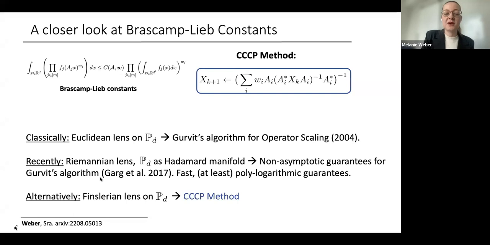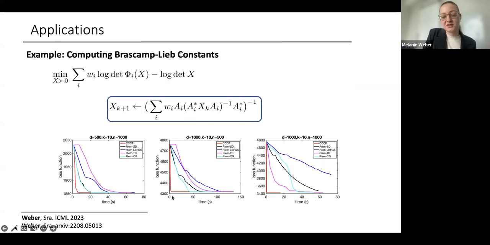Now, Gruwit's algorithm is also an iterative algorithm that iterates a map that's conceptually not unlike the fixed point iteration that we perform here, but ours is derived from a different formulation of the problem, and motivated by the observation that the sublinear iteration complexity that we get from the CCCP analysis is likely conservative.